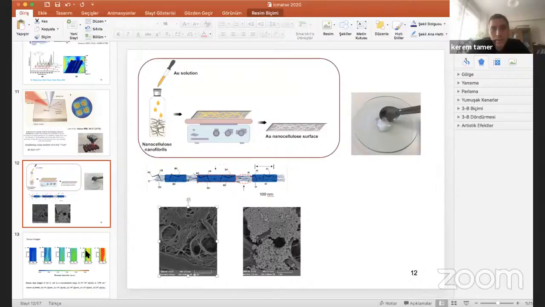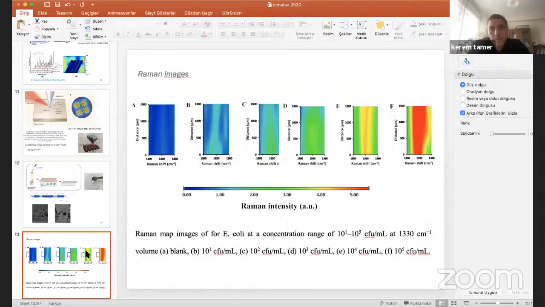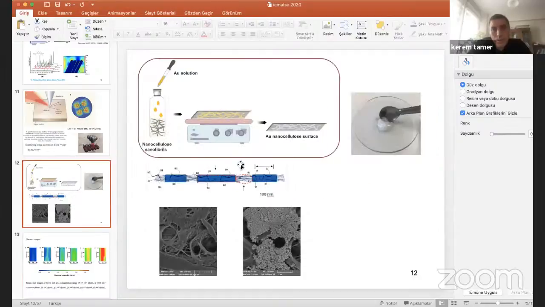For instance, here, we make an ELISA-like strategy to analyze or to detect some bacteria species in a complex matrix. Okay, how can we do it? Actually, we firstly coated this gold-embedded nanocellulose surface.